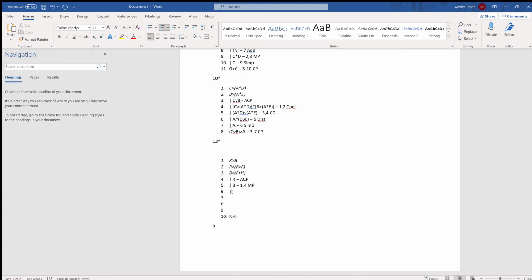And then we can convert R and B, then F, which is going to be exportation of line 2, right? Is that correct?